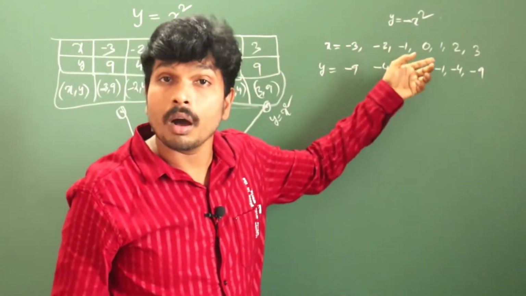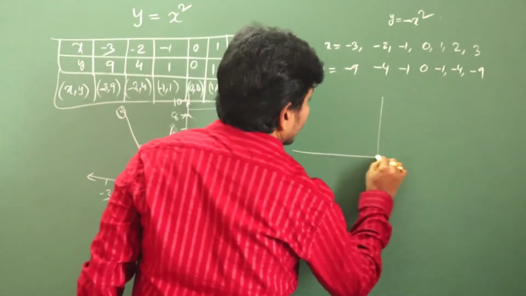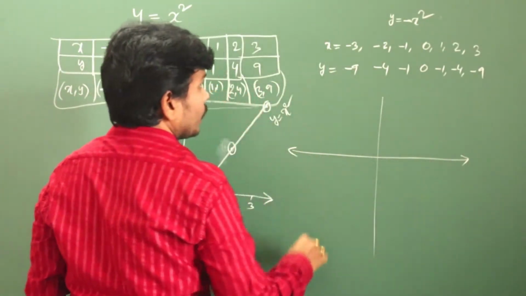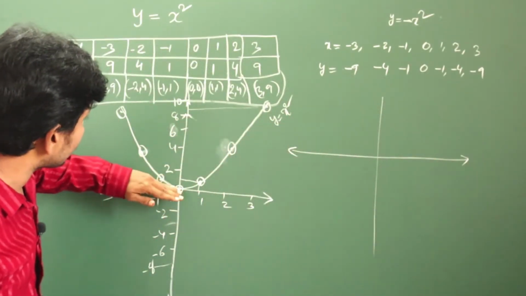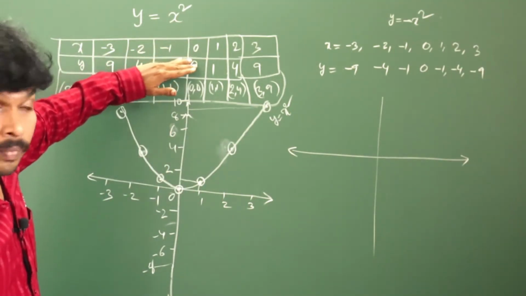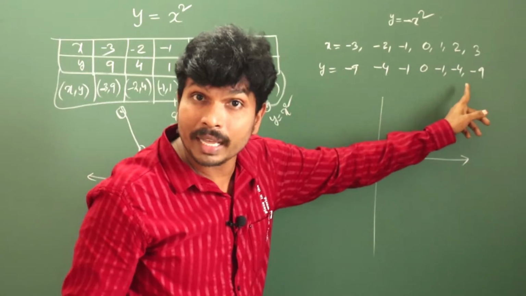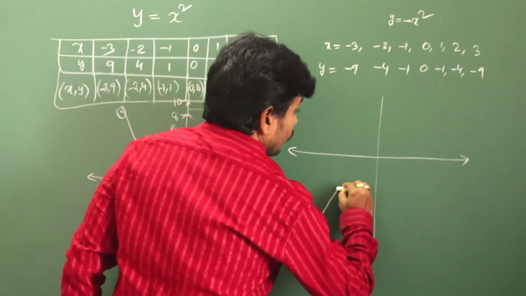Here the y values are always negative. So when you draw the graph, see, all y are negatives only. Here all y values are positives, that's why the graph opens upwards. But here your y values are all negative, so plot the same way, and your graph comes like this.